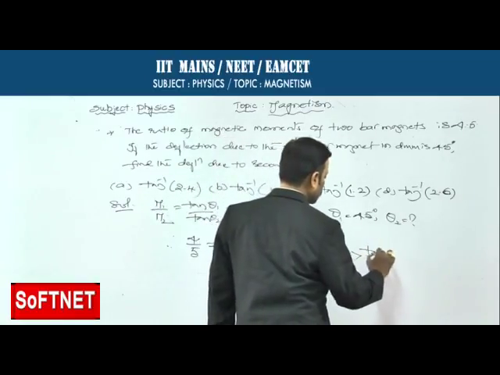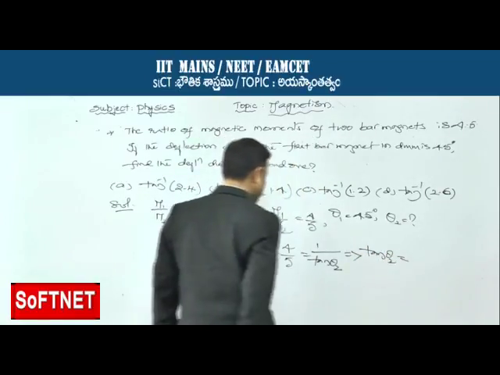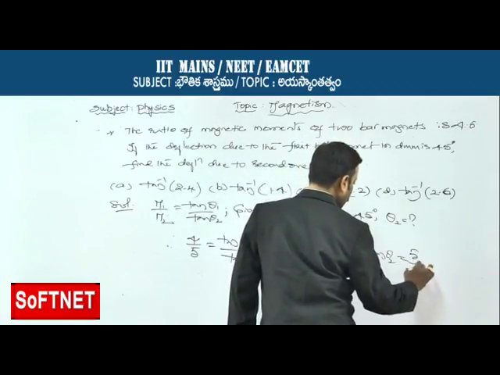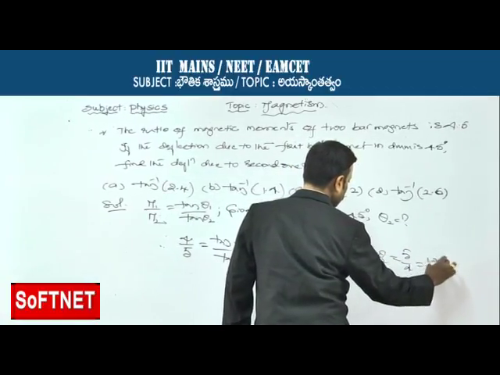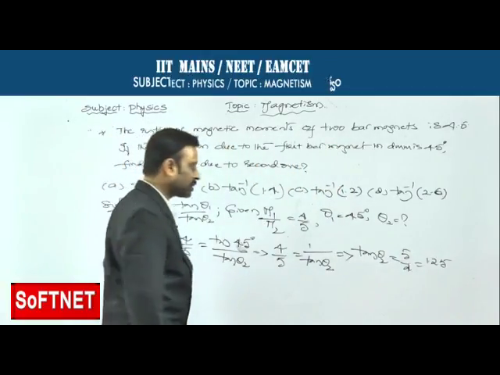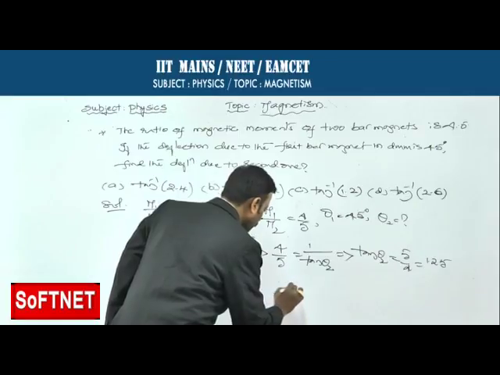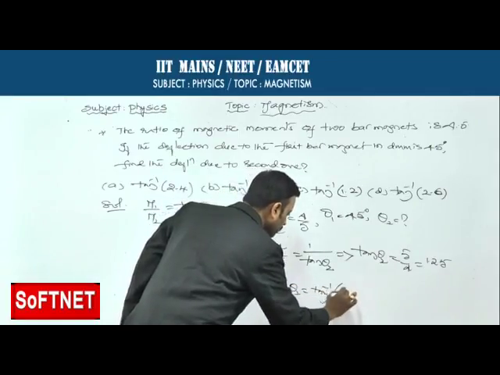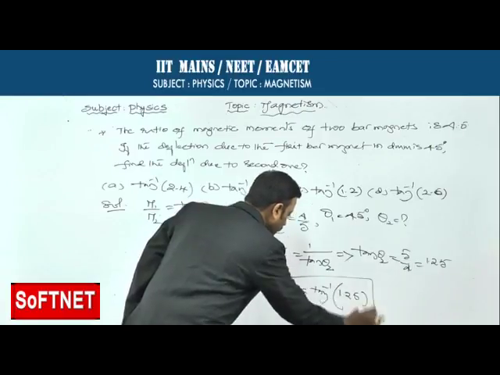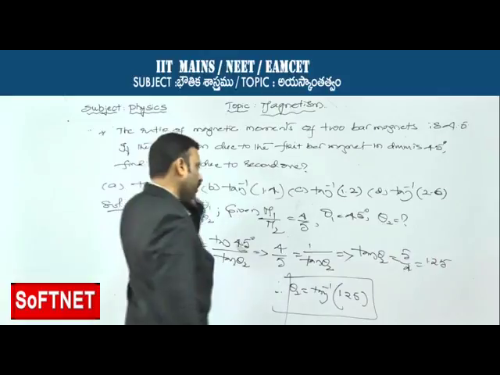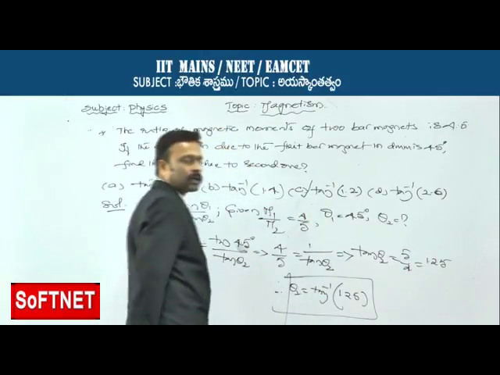From this, if you cross multiply, tan theta 2 is 5 by 4, that is 1.25. By applying a tan inverse on both sides, therefore theta 2 is equal to tan inverse 1.25. So, tan inverse 1.2, this third option is the correct one.